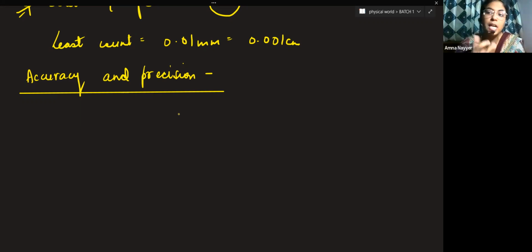Precise answer means the exact value, whatever value is there in reality, if you're getting it with all the decimal values, with all the approximations kept aside, then you say it's the precision of any measurement.